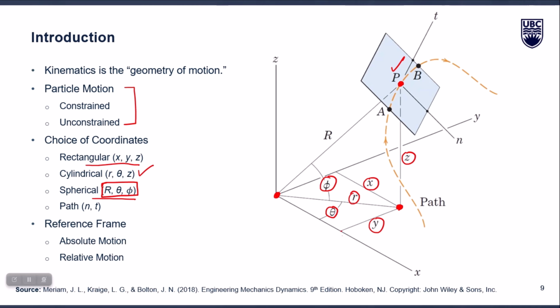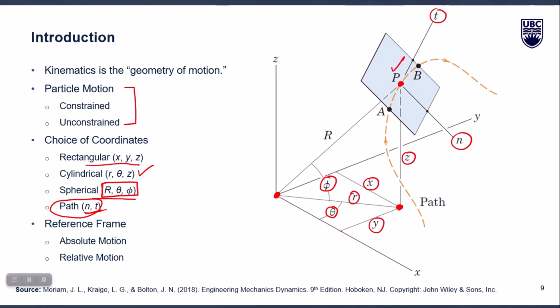Finally, the motion of that particle P can also be described by another set of measurements, called normal tangential measurements, NT, right? For example, if you take a tangent of the path of that motion at point P, you will have this line, the tangent, and perpendicular to the tangent will be a line called the normal, right?